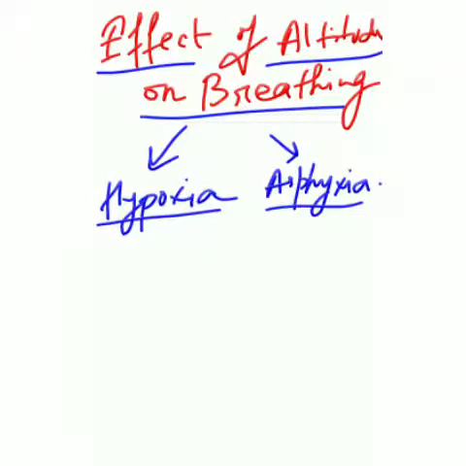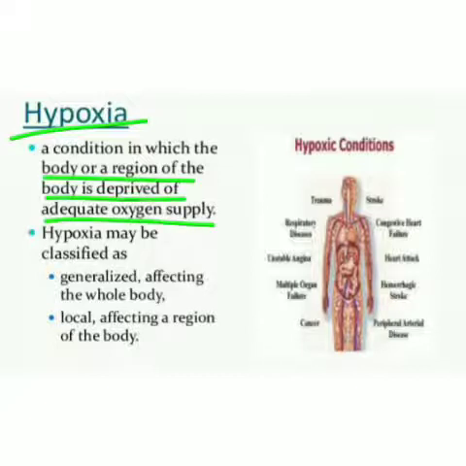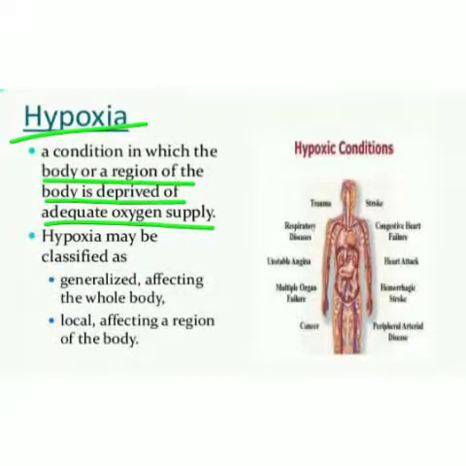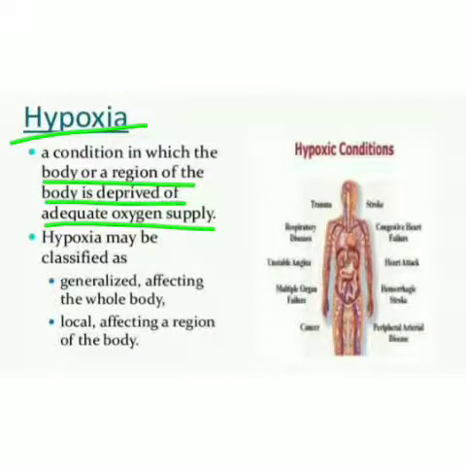So, hypoxia is a condition in which the body or the region of the body is deprived of adequate oxygen supply. And this may result from sitting for long hours in a crowded room with poor ventilation. Or it may also be experienced at high altitudes where the oxygen content of the air is low. So more or less it affects our whole body.